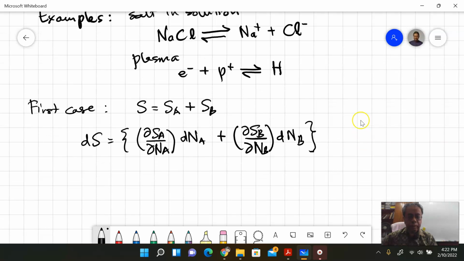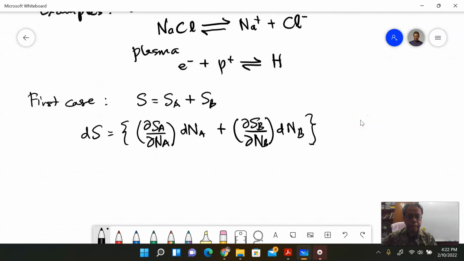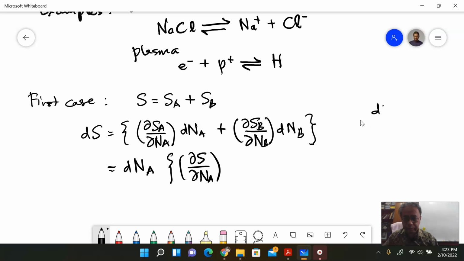Now dNA and dNB are related, so one can bring the factor of dNA out, giving partial S_A over partial N_A, and then dNB, remember we had dNB over dNA equals -1, so that would just give you a minus sign in this part.